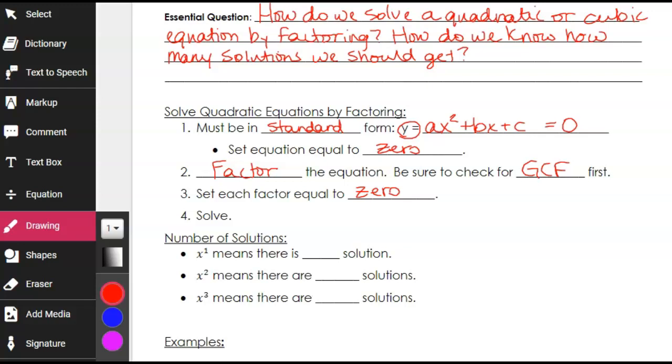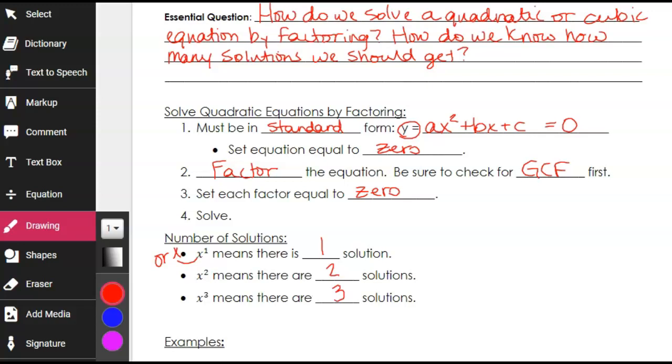So if you look at your problem, if you have x to the power of 1 or just x, that means that you're going to have one solution in your answer. If you have x squared, that means that you're going to have 2 solutions. And if you have x cubed, that means that there are, you guessed it, 3 solutions.